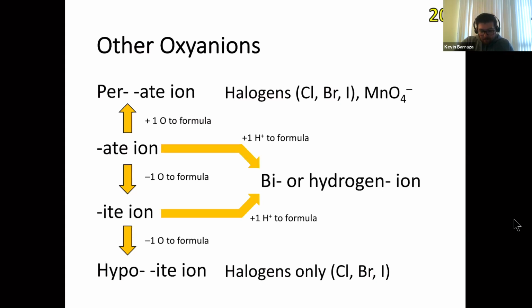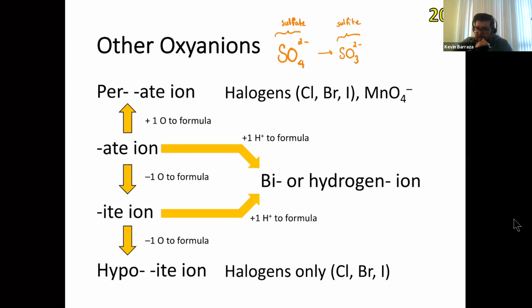So as an example, we can have SO4 2-. This is sulfate. If I take away an oxygen from it, I get SO3 2-. It becomes sulfite.